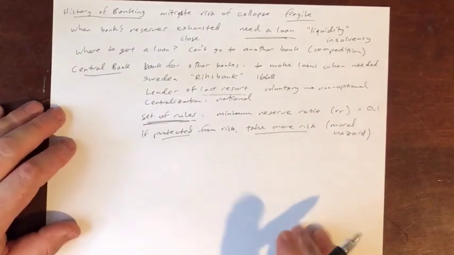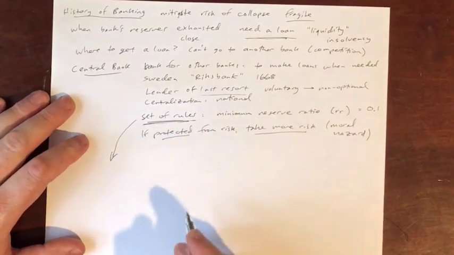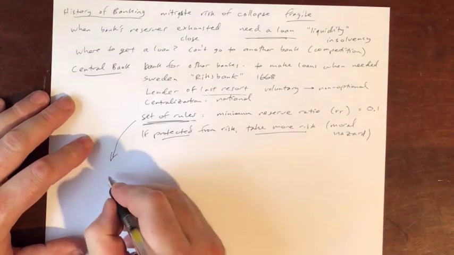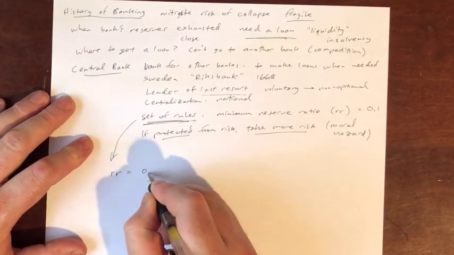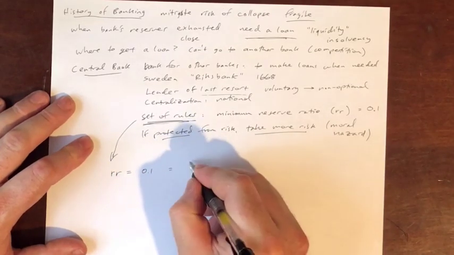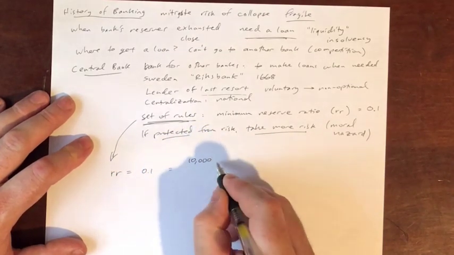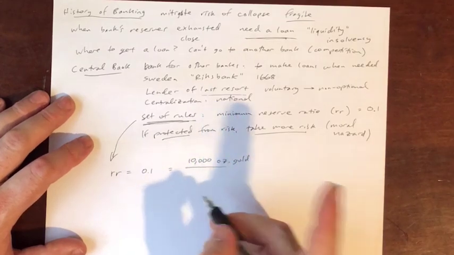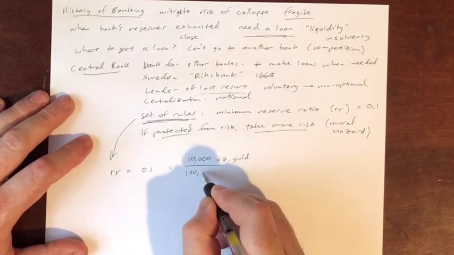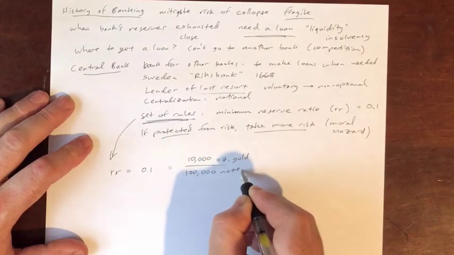All right, so imagine this. So 0.1, what does this mean? Let's do the math. If the reserve ratio is 0.1, this means that an institution that has 10,000 ounces of gold is only able to issue 100,000 notes.